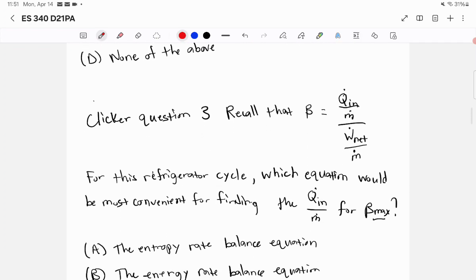And then the final thing is we're going to recall that the coefficient of refrigeration, which is beta, is equal to Q dot in, so the heat that goes in, over M dot. This is operating, I should note, at steady state.